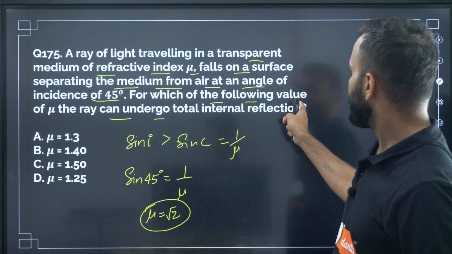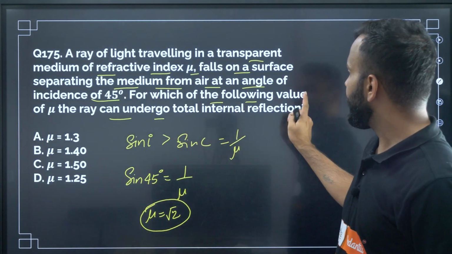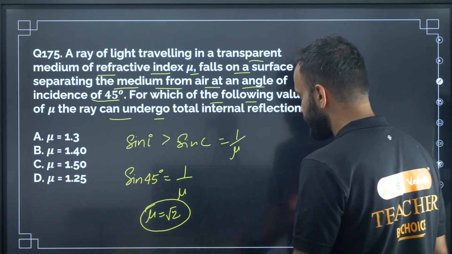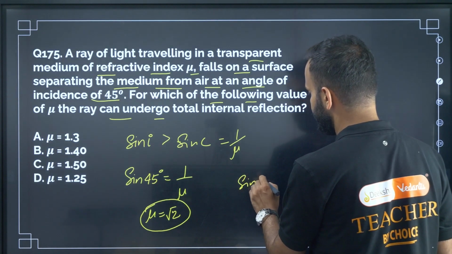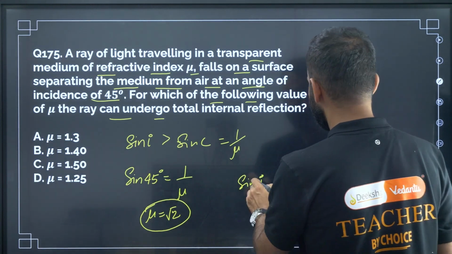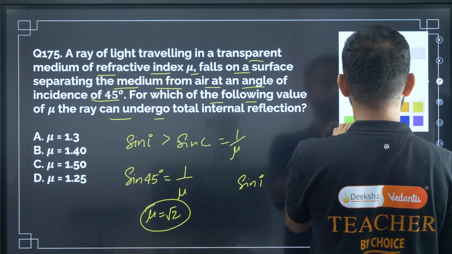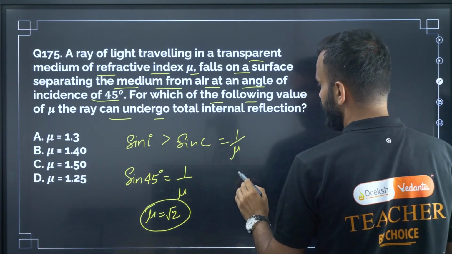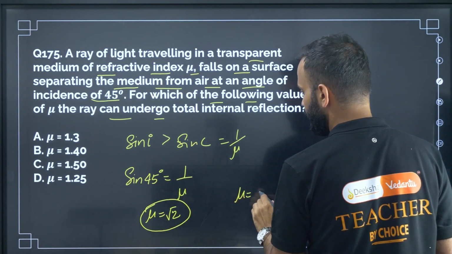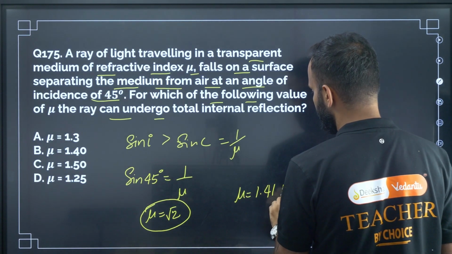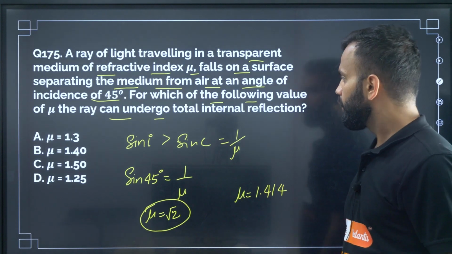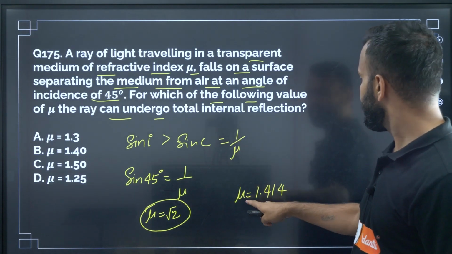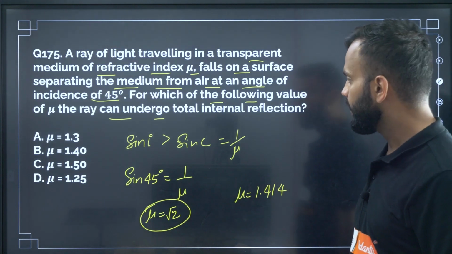So we need to find the value of mu so that the ray can undergo total internal reflection. Mu equal to root 2, that is 1.414. If the ray can undergo total internal reflection, then the value of mu has to be greater than 1.414, right?